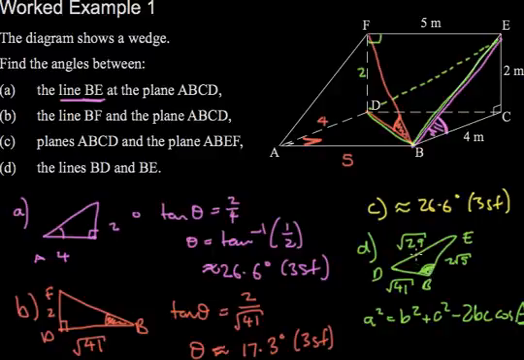And that means the opposite of that is lowercase a, so that is a squared, which would then be 29. And b and c doesn't matter about the order, so b squared is 41, and c squared should be 20. And then minus 2 lots of b times c, which is root 41, times 2 root 5, cos A.